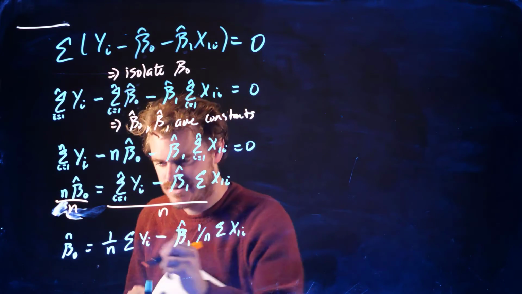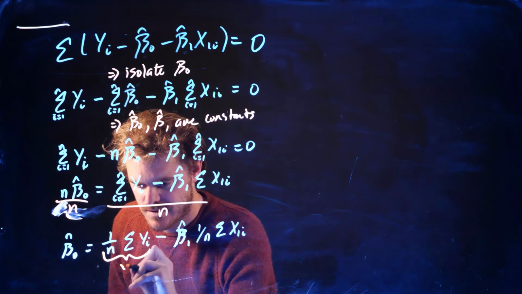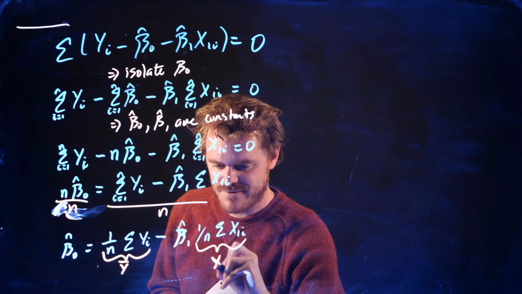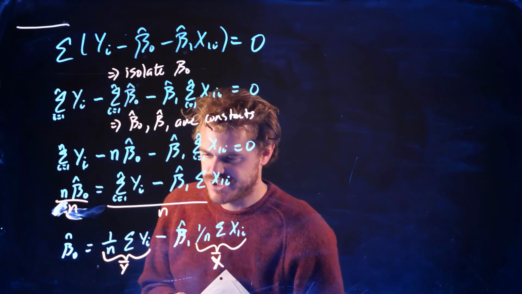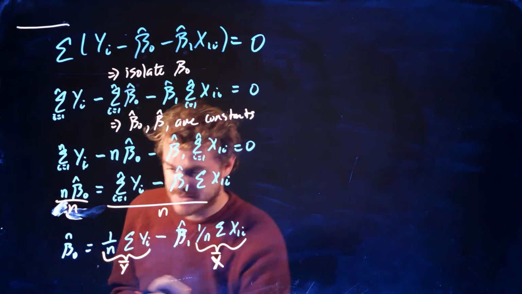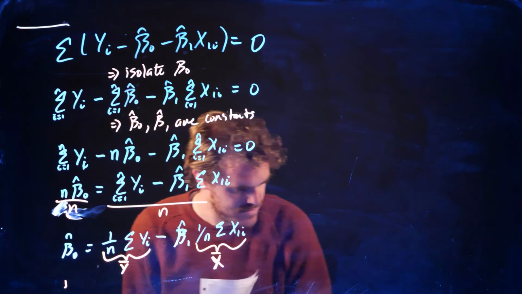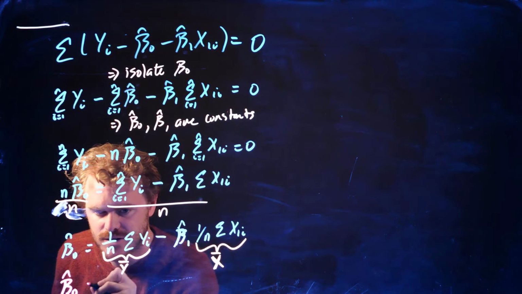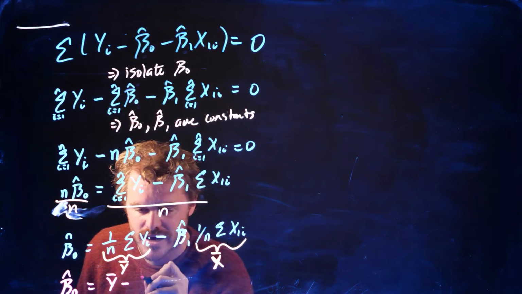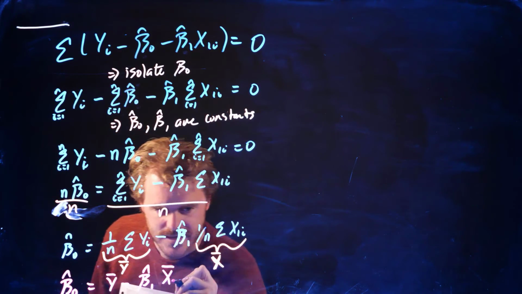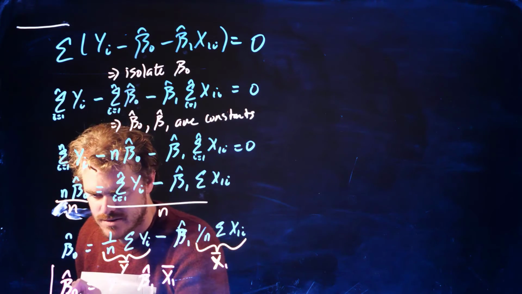And notice that this is the definition of the sample average of y, and that's the definition of the sample average of x. So we end up getting beta hat 0 equals y bar minus beta hat 1 times x bar. I guess 1 should be the subscript.